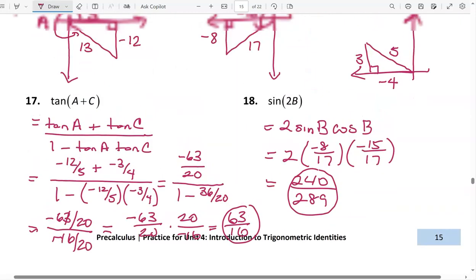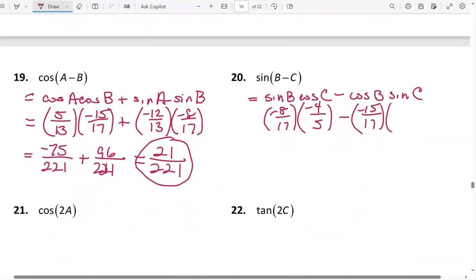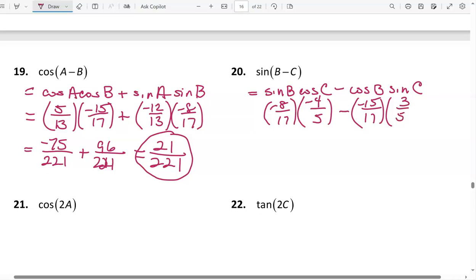And sine of C is 3/5. Now perform each of the multiplications. 32/85 minus negative 45/85. So that's 32/85 plus 45/85, which is 77/85.